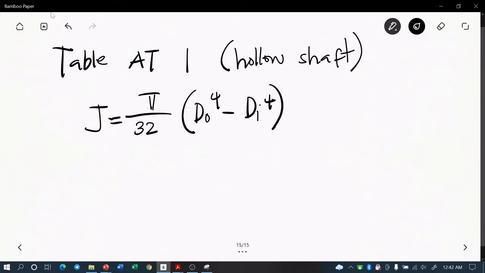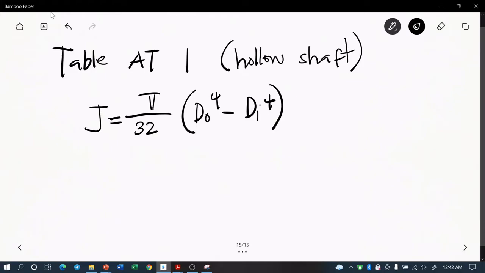Okay, so now the expression in obtaining the diameter, the original expression, is the same as the solid shaft.